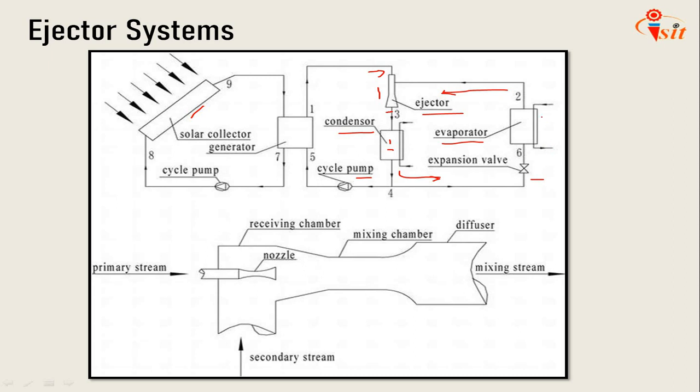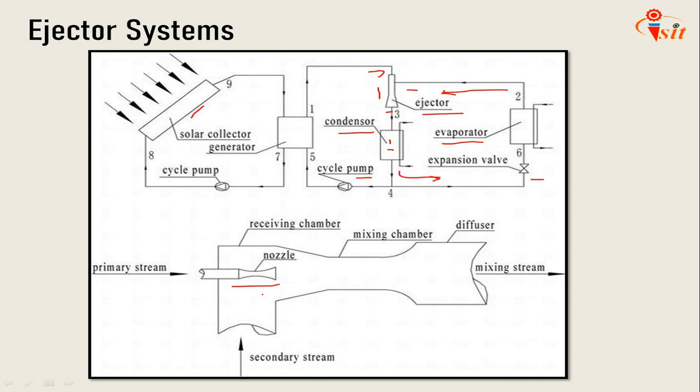In the expansion valve, the refrigerant pressure is dropped and the refrigerant enters the evaporator to absorb heat from the space that is required to cool, and the refrigerant is converted into vapor and enters the ejector again. Okay, so that is the process of the ejector system. Here the ejector nozzle, mixing chamber and diffuser are shown, along with the primary stream and secondary stream.